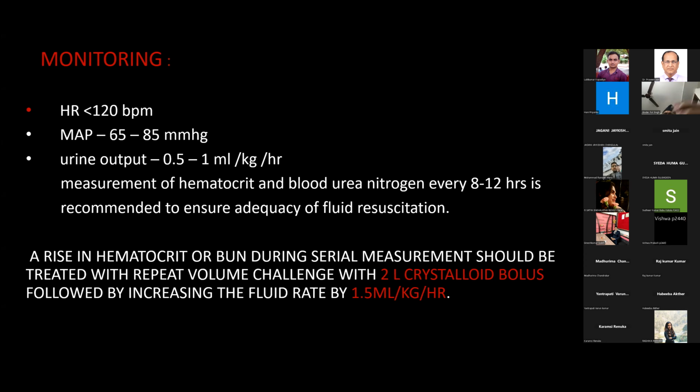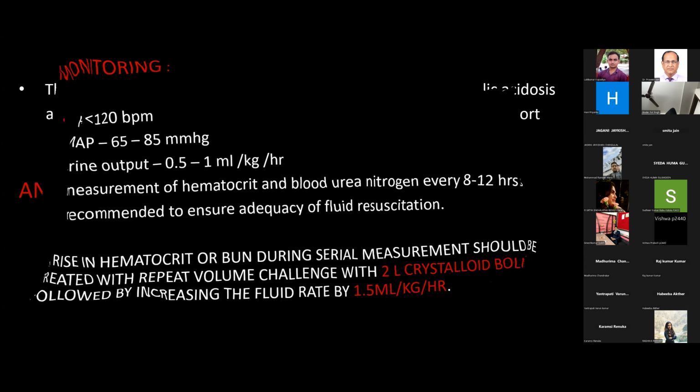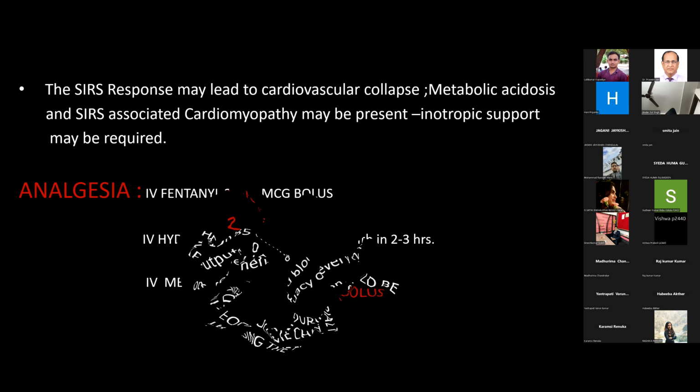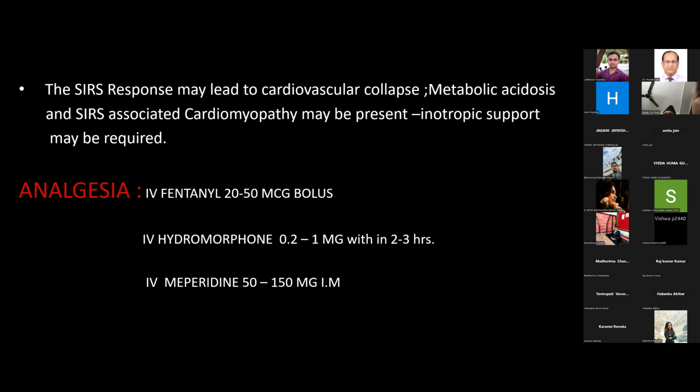After this fluid resuscitation, if there is a rise in hematocrit or blood urea nitrogen during the serial measurements, then again give a repeat volume challenge with 2 liters of crystalloid followed by 1.5 ml per kg per hour. In some patients, the systemic inflammatory response syndrome may lead to cardiovascular collapse or SIRS-associated cardiomyopathy. So in these patients, inotropic support may be required along with this fluid resuscitation.